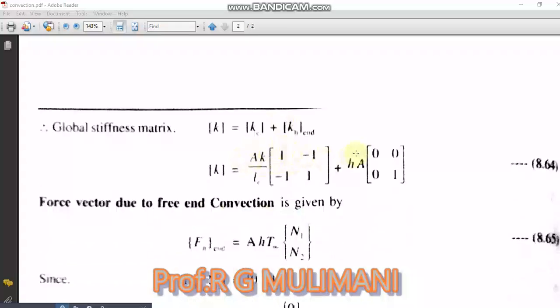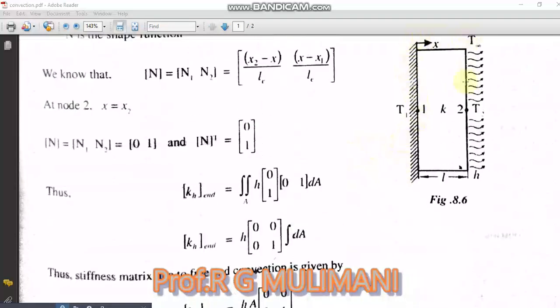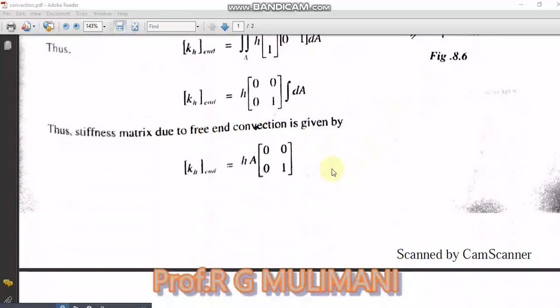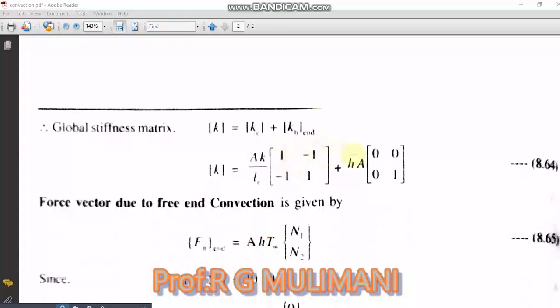As it is an element, obviously conductivity is there, so conduction plus convection gives the total heat transfer stiffness matrix. Already we have the conduction stiffness matrix (AK/LE) [1 -1; -1 1], and this is the convection heat transfer stiffness matrix HA [0 0; 0 1].